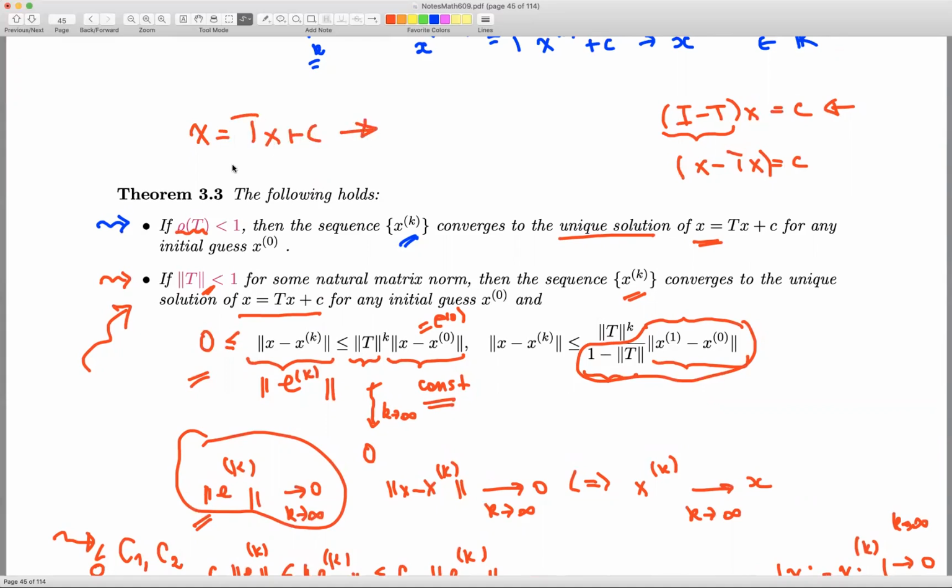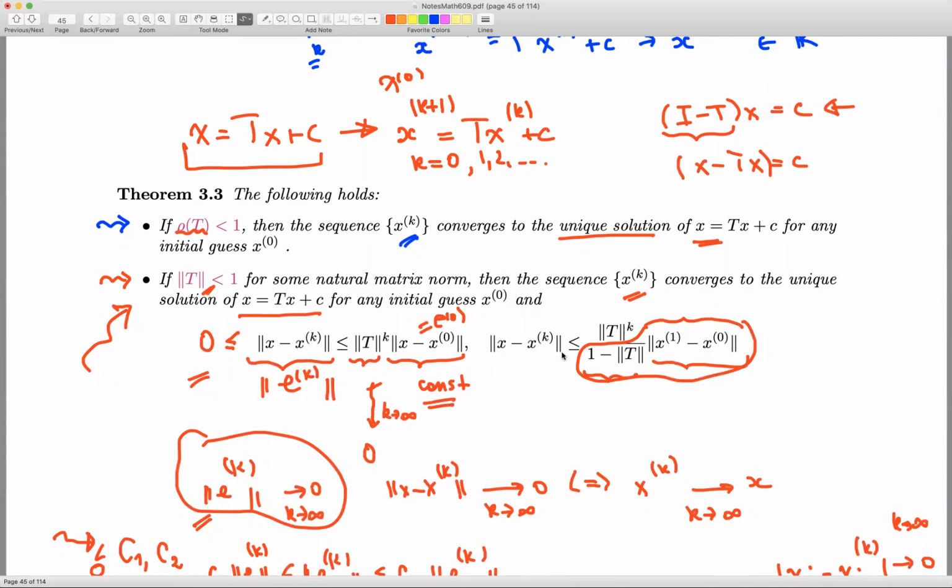This way of rewriting the system will give us a sequence of vectors generated by this iterative equation, starting with some initial guess x0, when we give values to k equal 0, 1, 2, and so on. And if the spectral radius of T is less than 1, then this sequence of vectors xk will converge to x. If the norm of the iteration matrix T, any induced natural matrix norm, is less than 1, then the sequence will also converge to the solution.